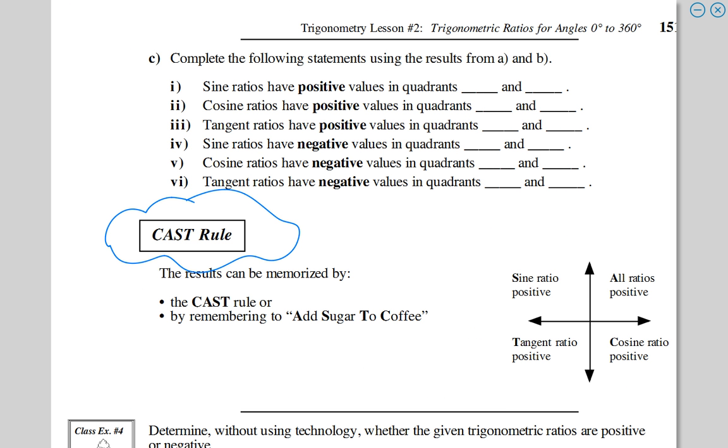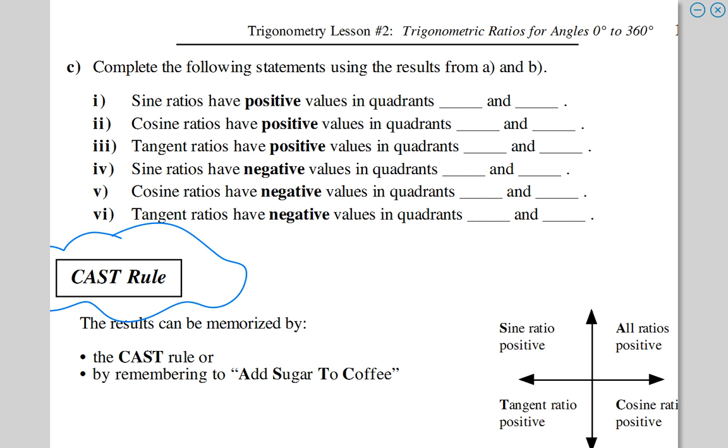So you could fill out this chart if you'd like. Sine ratios are positive in the top. What is that? 1 and 2. And they're negative in the bottom, so 3 and 4. And then cosine ratios are positive on the right. So what's that? 1 and 4. And cosine's negative on the left, so that's 2 and 3.